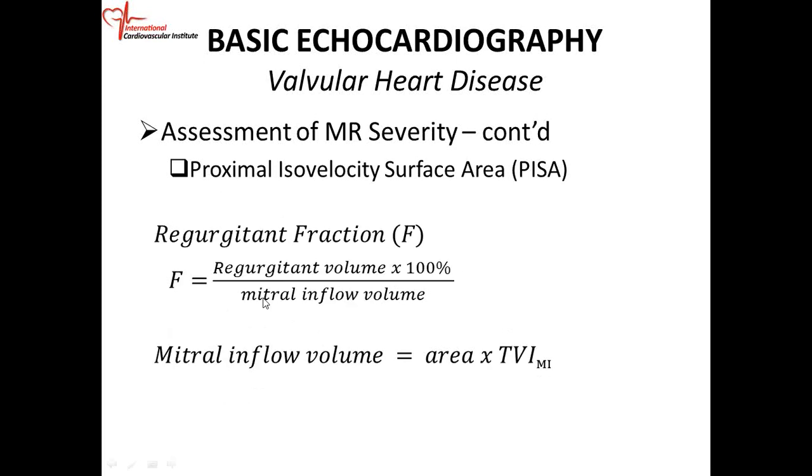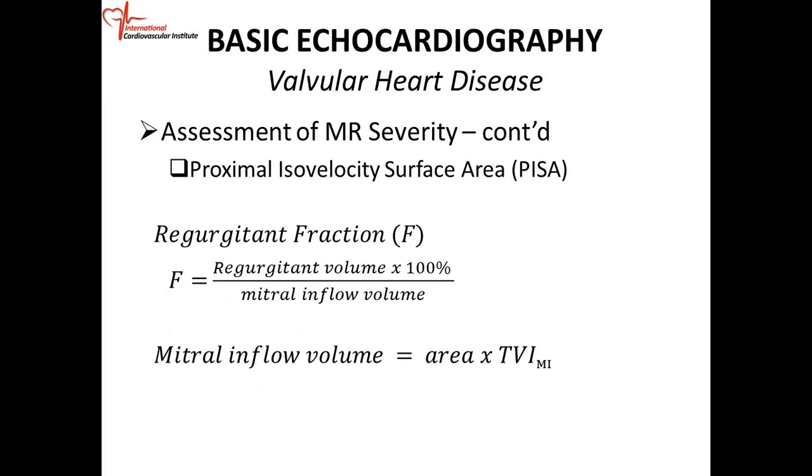In the apical four chamber view, you're going to measure the annular diameter, the diameter of the mitral annulus. The area is pi r squared. Again, radius is d over 2.